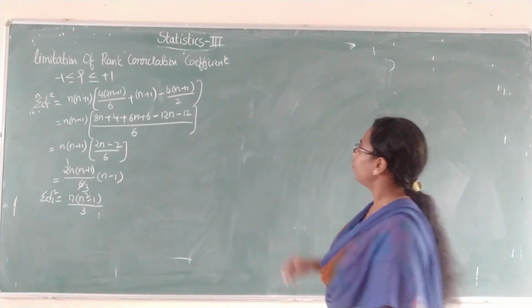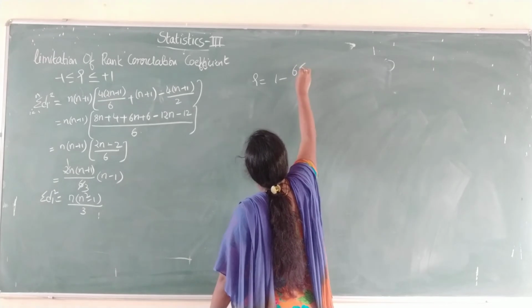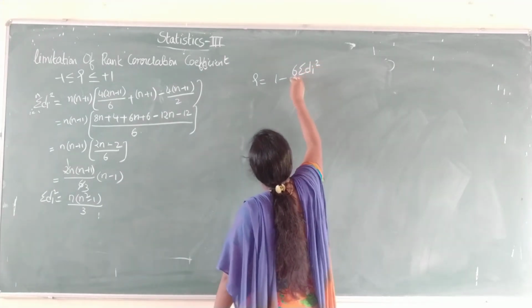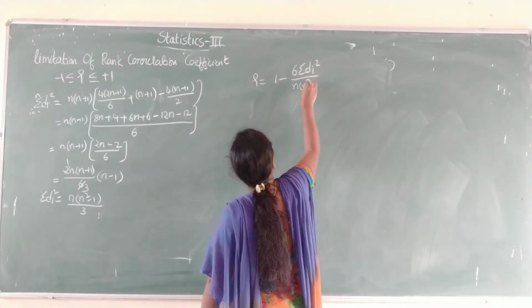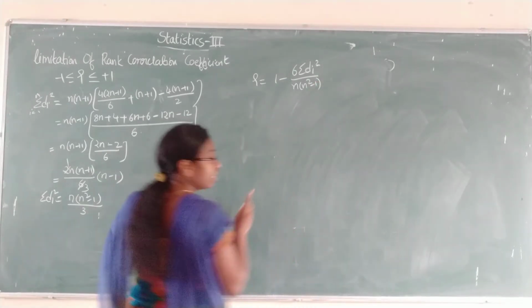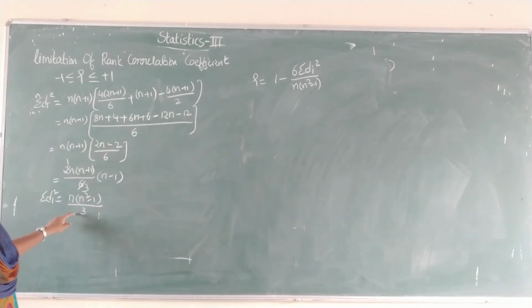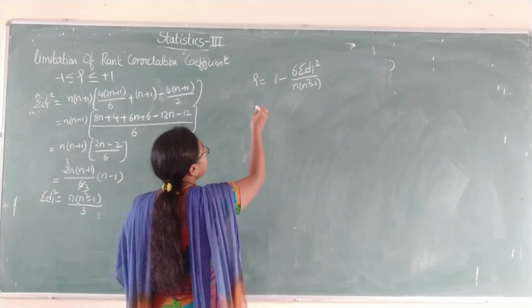So what is the rho formula? Rho equals 1 minus 6 summation di square by n into n square minus 1. Now substitute the di square value you got. What is the di square value I got? N into n square minus 1 by 3. So substitute that value.